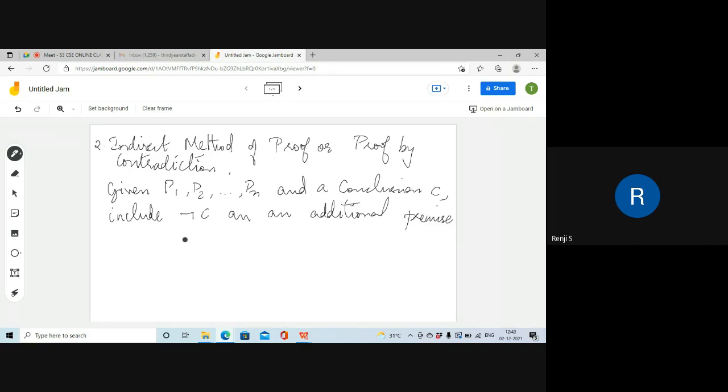And prove that the new set of premises leads to a contradiction.